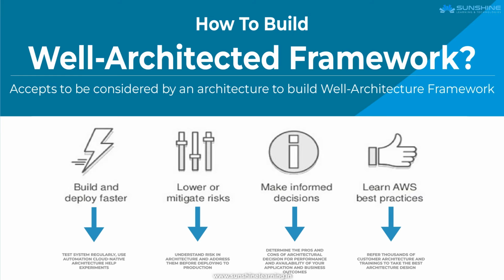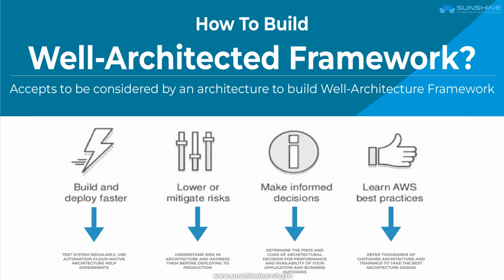Lower or mitigate the risk. Understand risk in the architecture and address them before deploying to production. So there has to be a thorough discussion, thorough brainstorming before deploying the architecture on AWS with respect to cost estimate, with respect to any gaps in the solution, and how the maintenance and the monitoring of that solution is going to be.